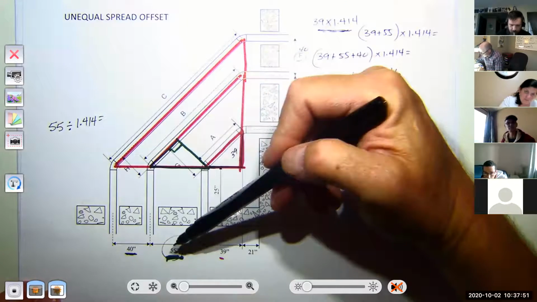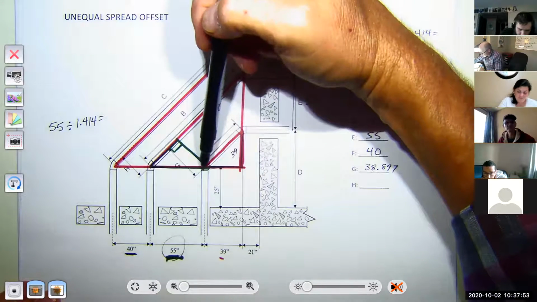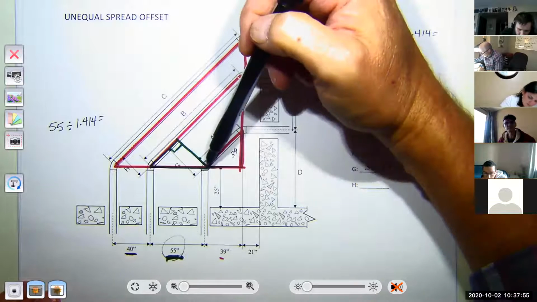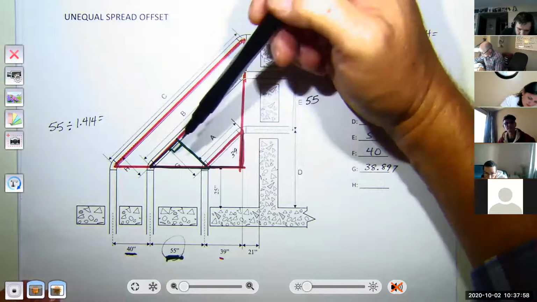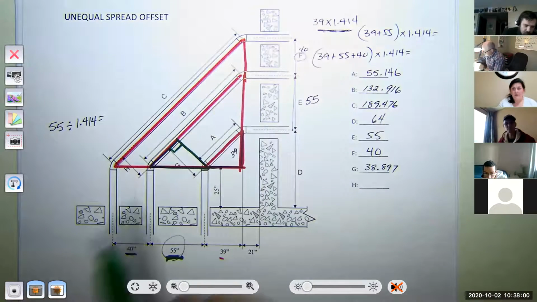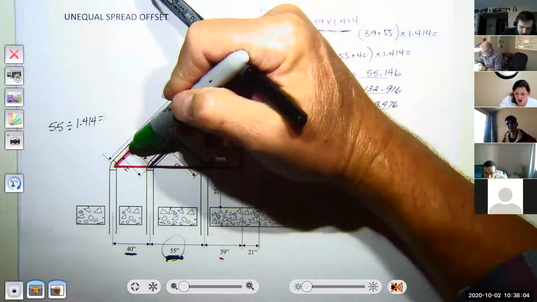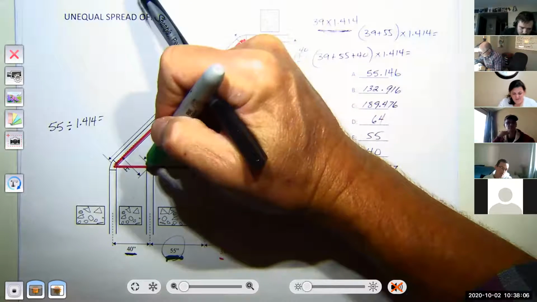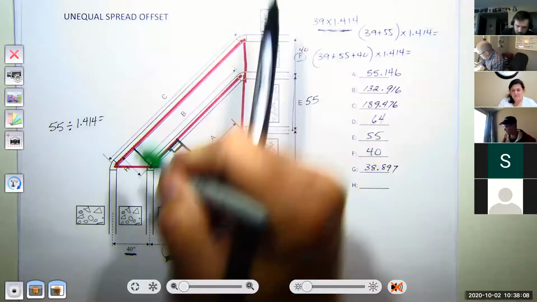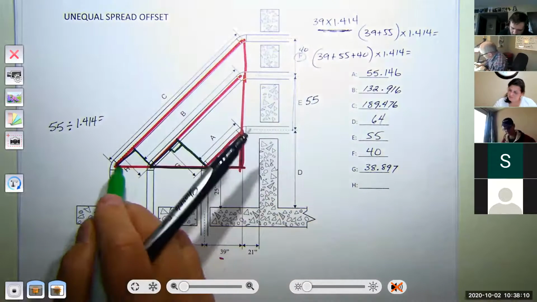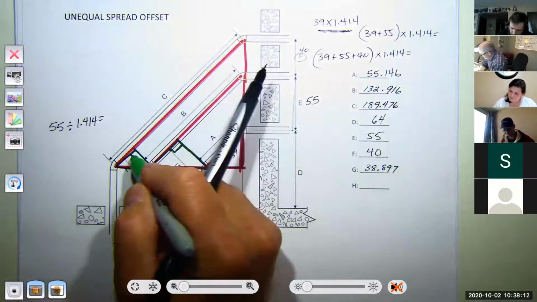By taking 55, the travel, divided by 1.414 gives me this. Same deal for H. For H, we want to know the spread across these pipes, so I'm going to draw a right angle triangle right in there. And there's the right angle.